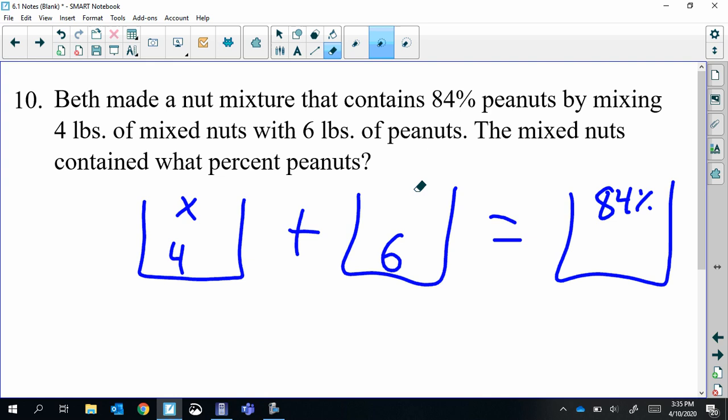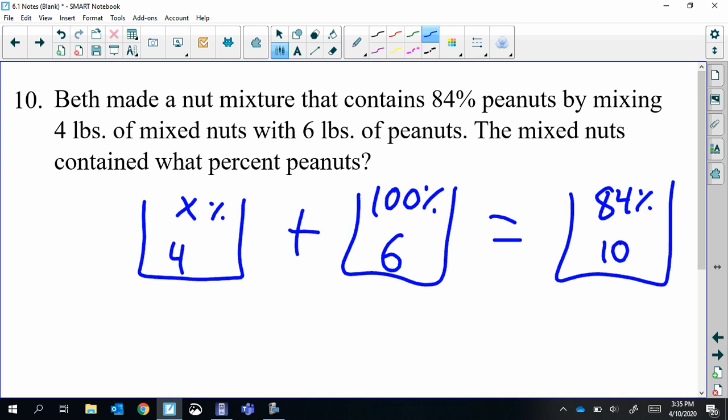So if this was just peanuts, we actually do know that percentage was 100%. The mixed nuts contained what percent? That's what's going here. And we also know that if we added 4 pounds and 6 pounds, we ended up with 10 pounds.